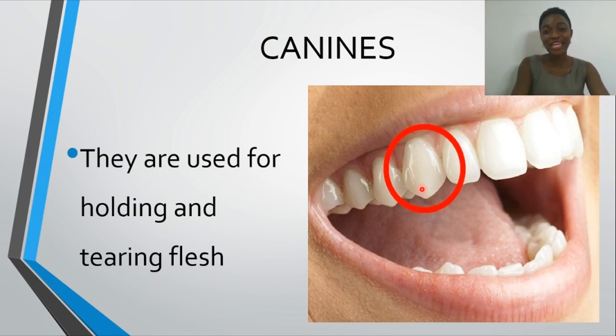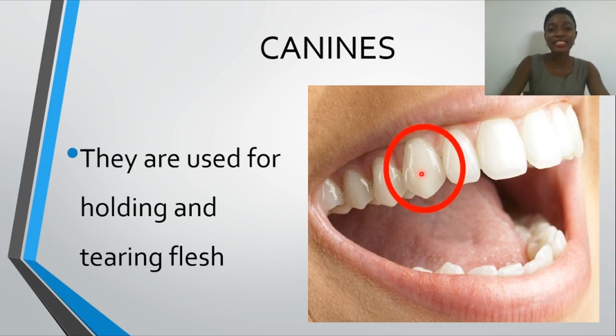So you realize that the different characteristic of the carnivore dentition is the fact that their canines are elongated as compared to those of omnivores.